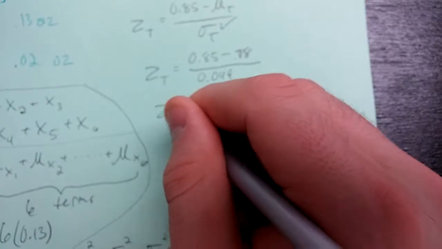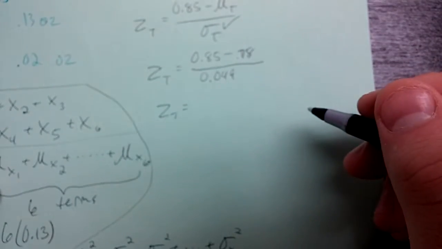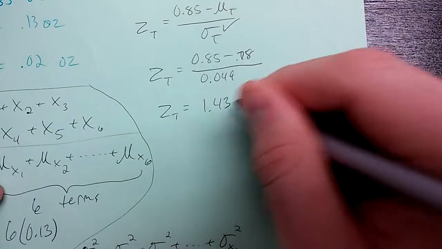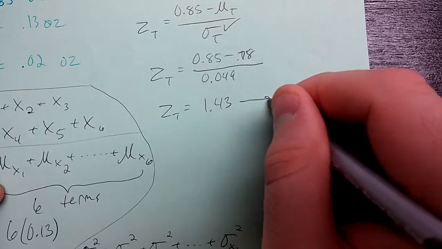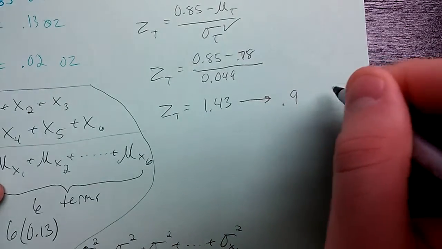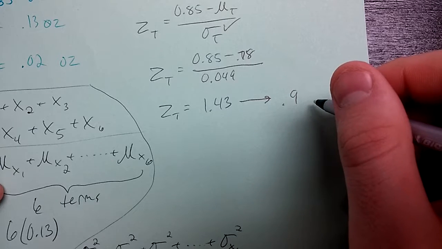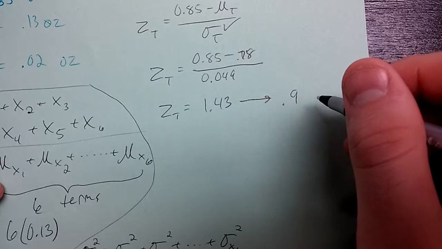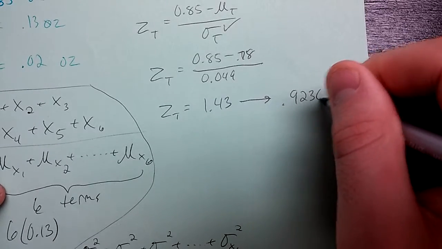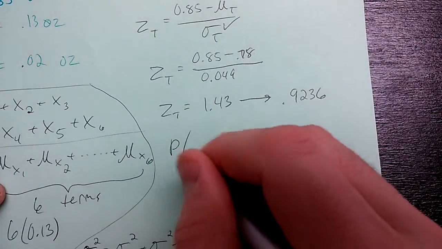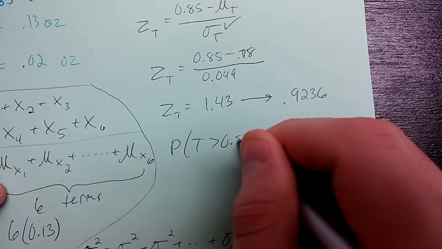When you find that z-score, you end up getting 1.43. Now we can use this number in table A to find the proportion. When you do that, you get 0.9236, I do believe. So that's the probability of T less than 0.85.